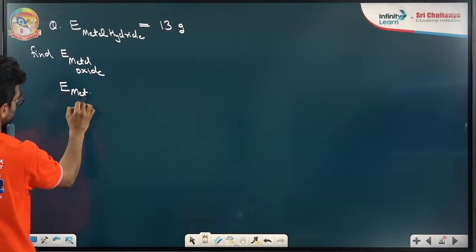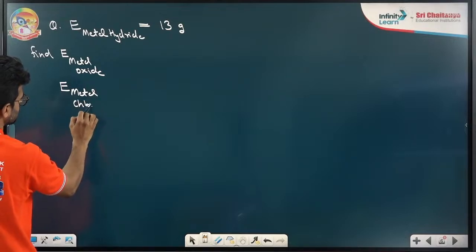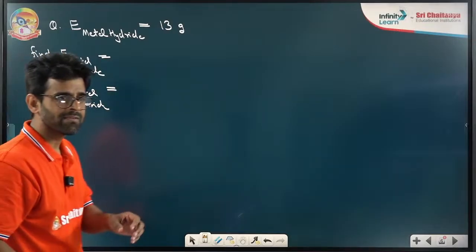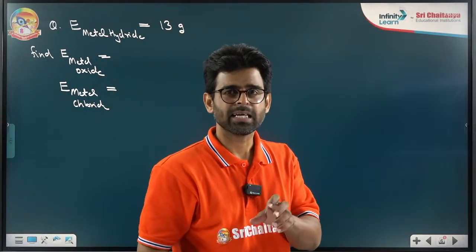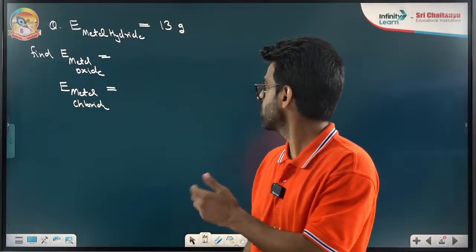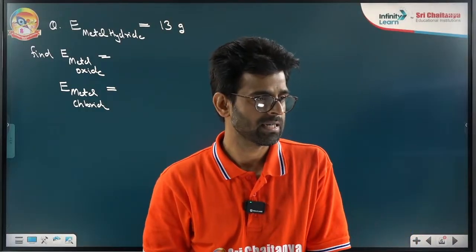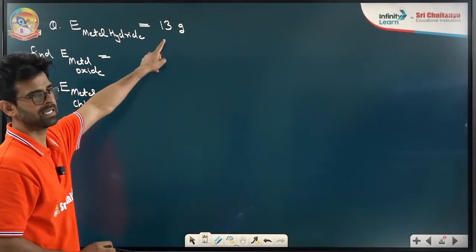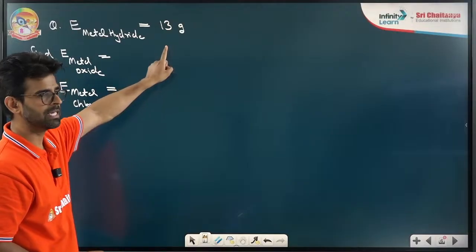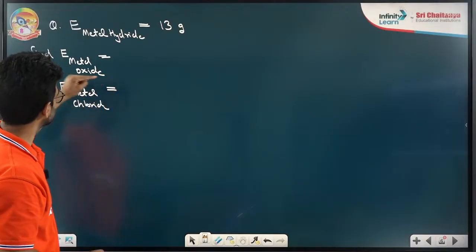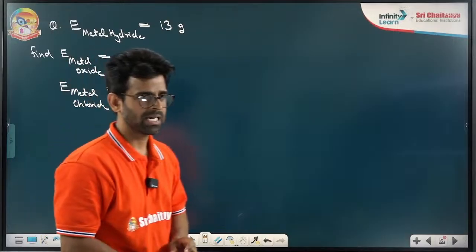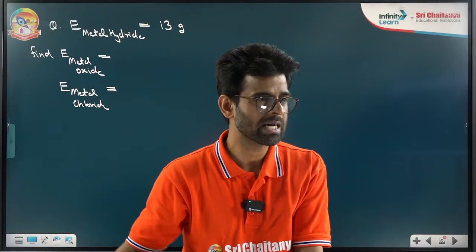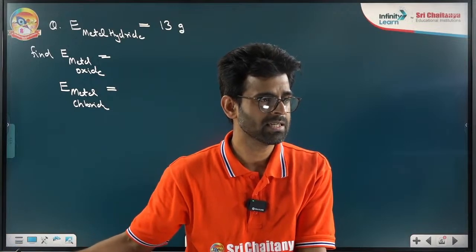Make it fast. They give the equivalent weight of metal hydride and they are asking for metal oxide and metal chloride. You know what it is, na? From here you can find EM, and using the EM you can find these things. Try it. Think about it. Look at the previous page, what we wrote there. Here's the concept.